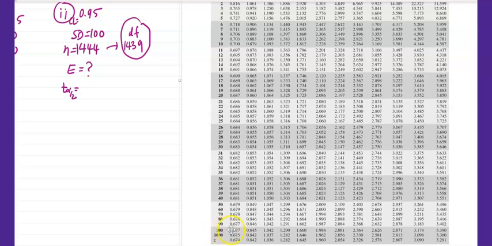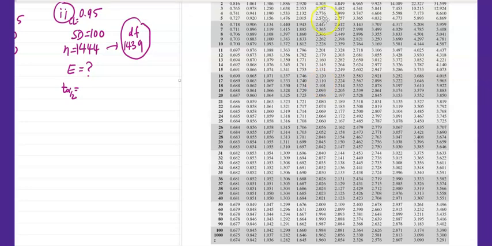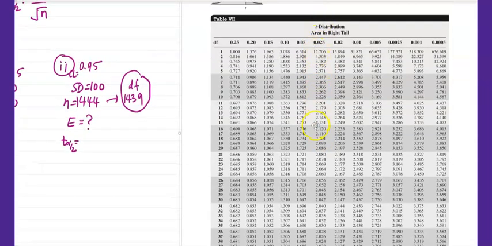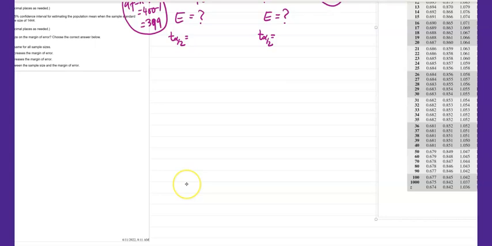So I'm looking for 1000, the closest to 399, and the right area is 0.025. So this is the 0.025 column. Scroll down here. So 399 is close to 100, then 1000 is 1.984. So the critical value here is 1.984.